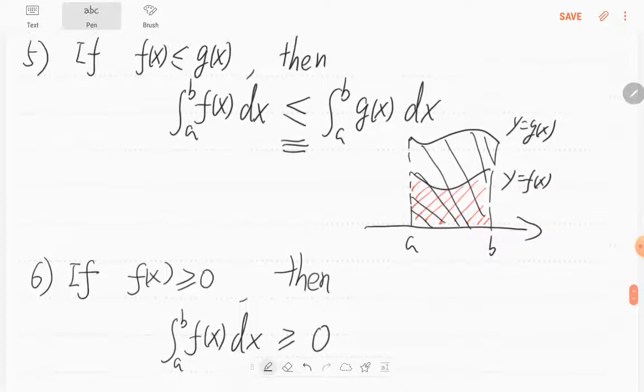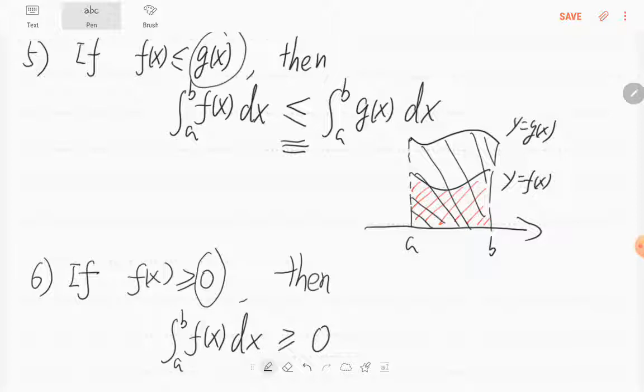So here you compare 5 and 6. Here is 0, here is g of x. If you let g of x equal 0, this definite integral is 0.